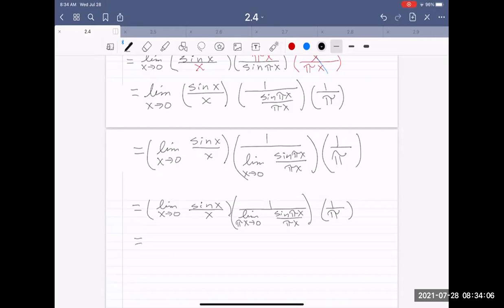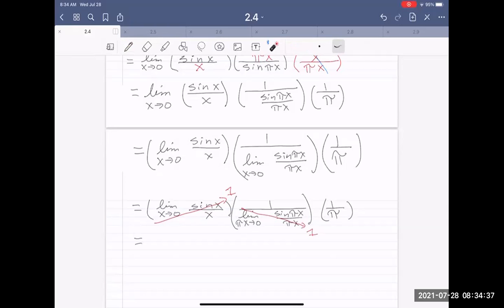Well, as x goes to 0, sine of x over x goes to 1. As pi x goes to 0, the sine of pi x over pi x also goes to 1. So this guy goes to 1, this guy goes to 1, and maybe I'll denote it this way. So this guy here goes to 1. This guy here goes to 1.